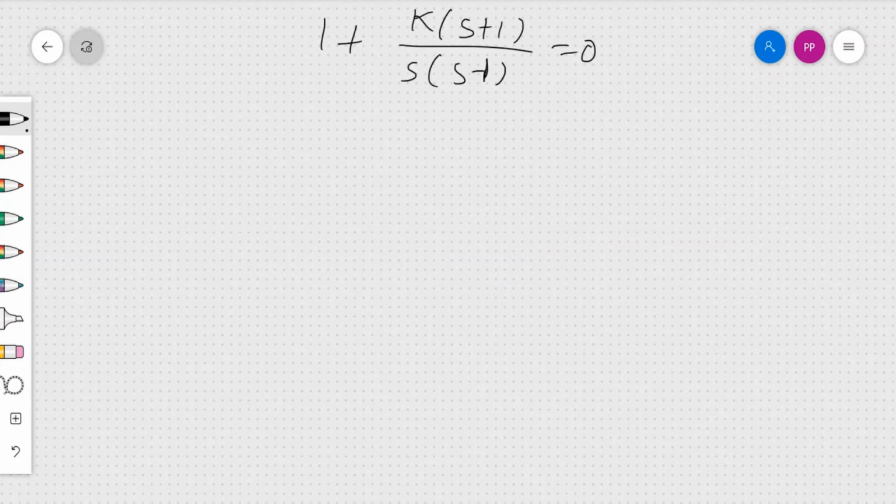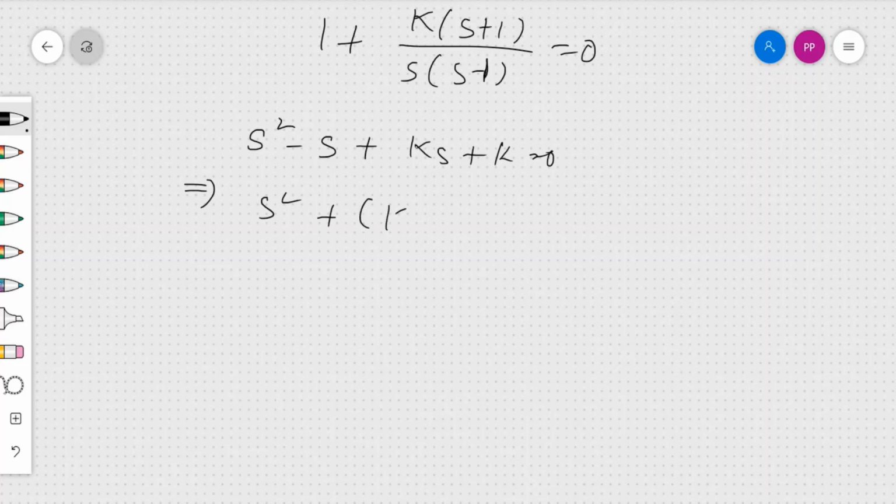So from here we get the characteristic equation like this: s square minus s plus ks plus k equal to 0, which implies that we have s square plus k minus 1 s plus k equal to 0. So from this we can draw the Routh array.